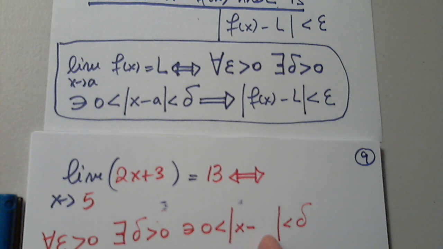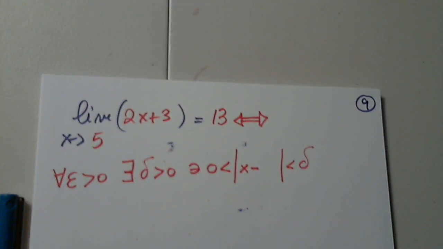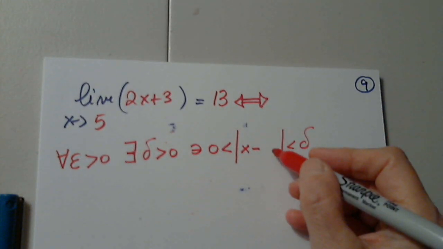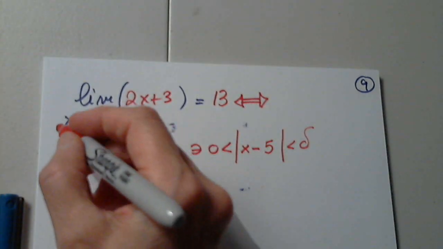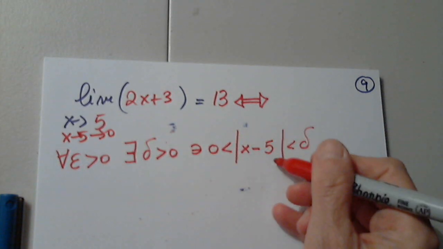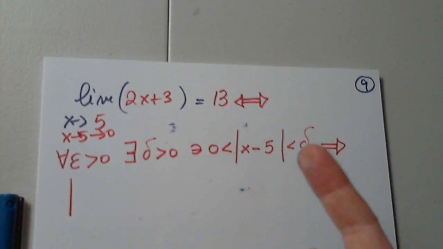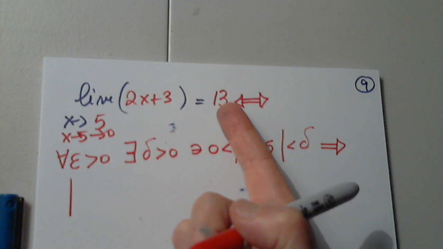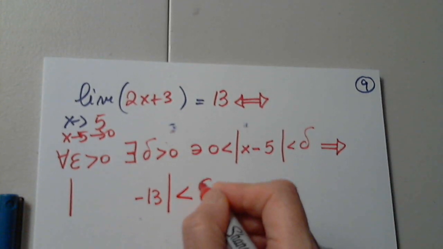X minus what? X minus 5. Absolutely, right here. We know that. X minus 5 approaches 0. That's exactly it. This will always imply the function value at x minus the limit will always be less than epsilon.